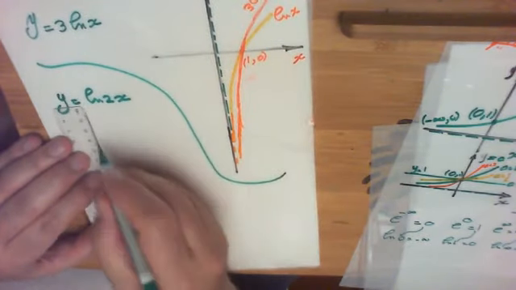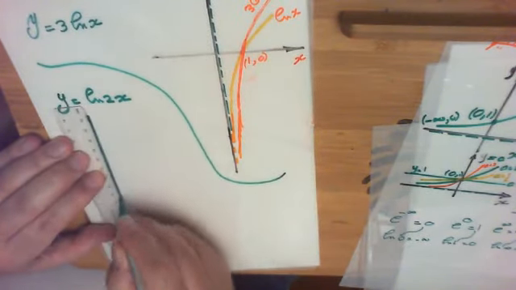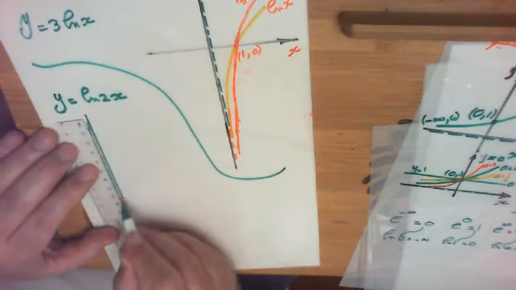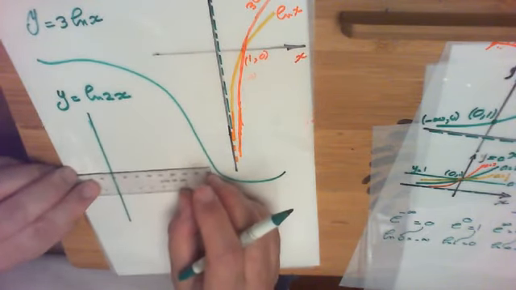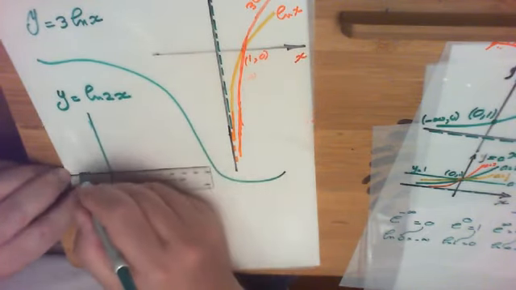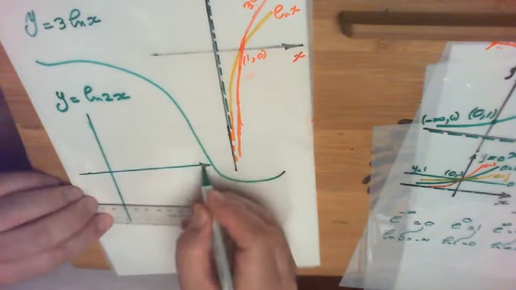And the new graph will be something like this. We don't draw point by point, but we have a sketch of the graph, how it looks like. This is the idea.